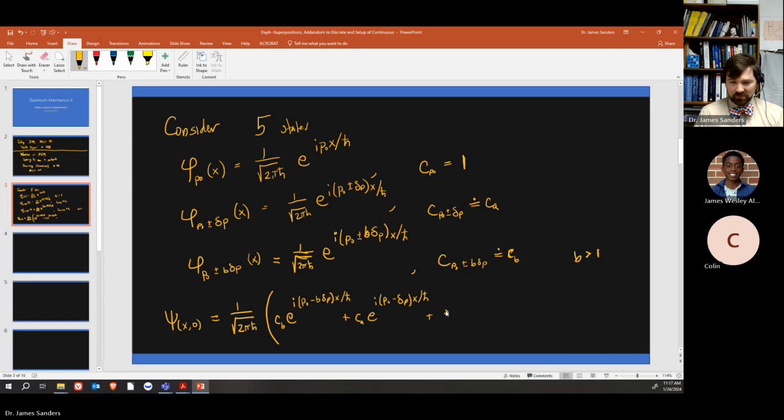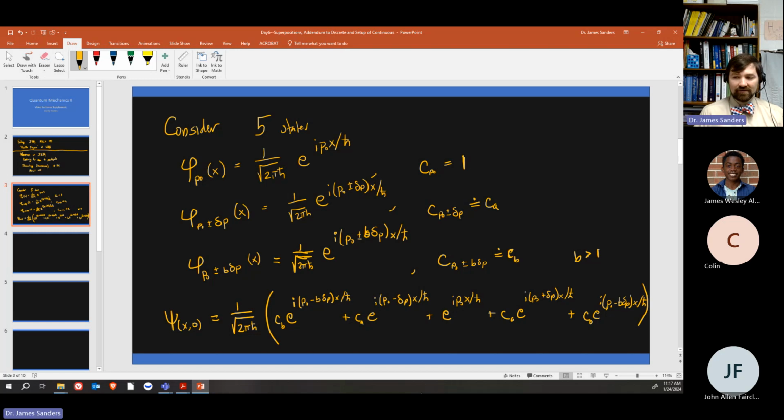And then one of this, so this is e to the i p naught x over h bar. And then we get these two terms again, but with pluses here. So C sub A e to the i (p naught plus delta p) x over h bar, and C sub B e to the i (p naught plus B delta p) x over h bar. There, fit.